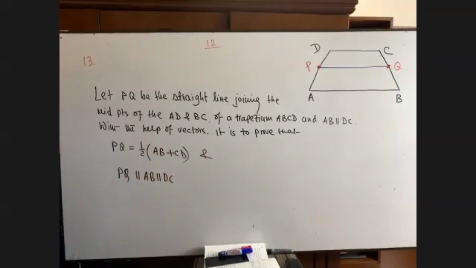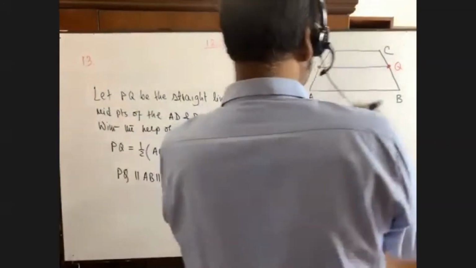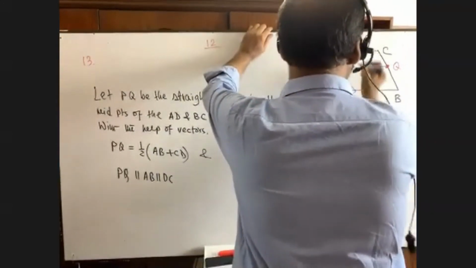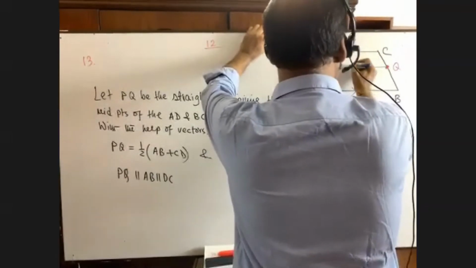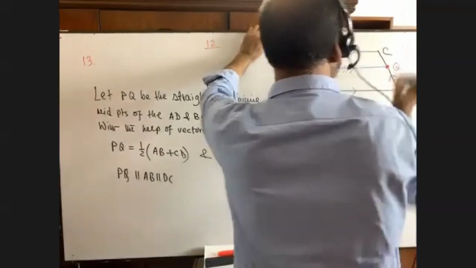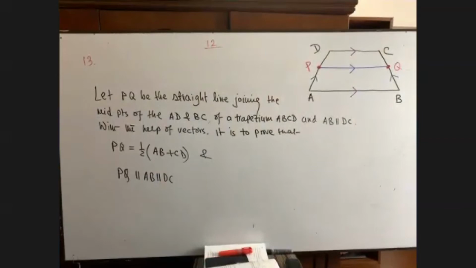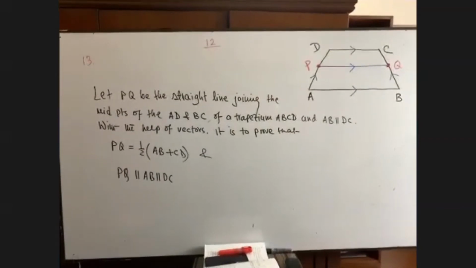You have to prove this too. Now we are going to give vector signs. You see how I am giving it. Please complete it. Take time to complete the drawing, the figure and the writing part, and try to familiarize yourself with the question of the book.